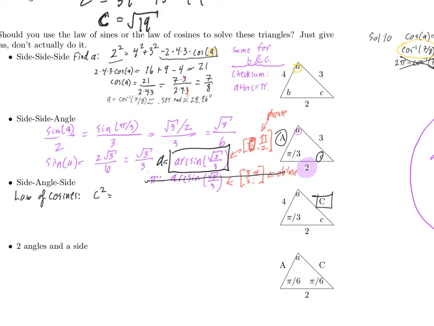It'll tell you c squared is equal to 4 squared plus 2 squared minus 2 times 4 times 2 times the cosine of pi over 3. And that's easy to solve, so I won't even do it. So that's how you can find the other side length c. Now look at those two angles, a and little c.